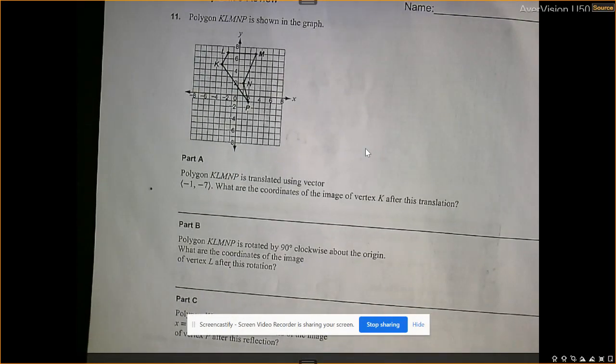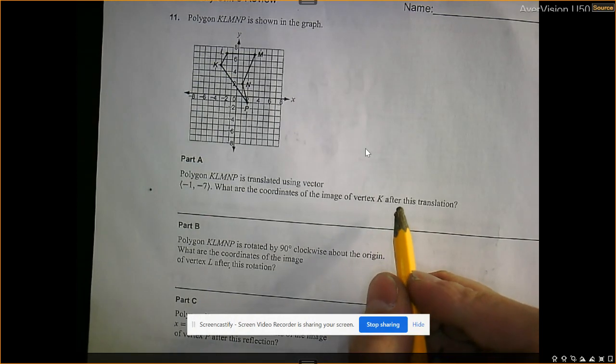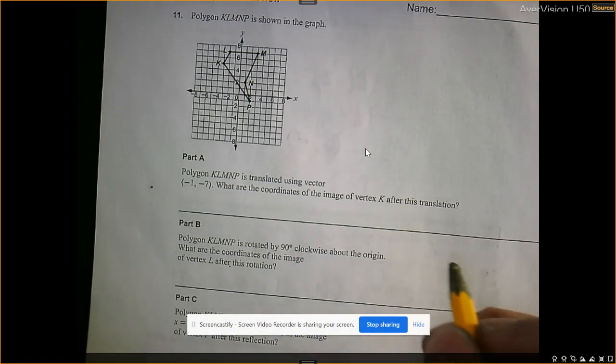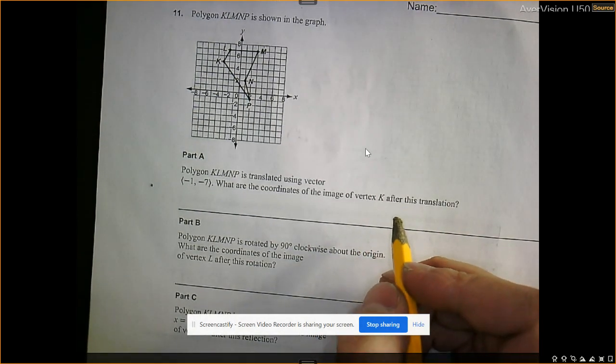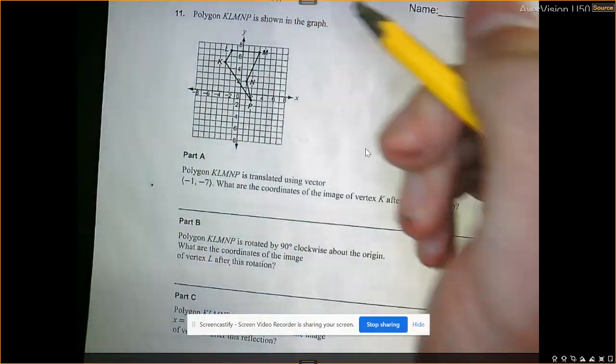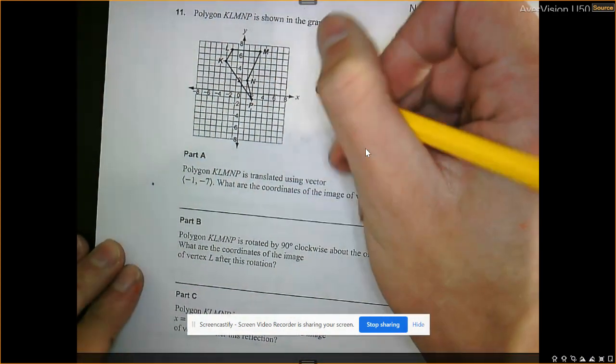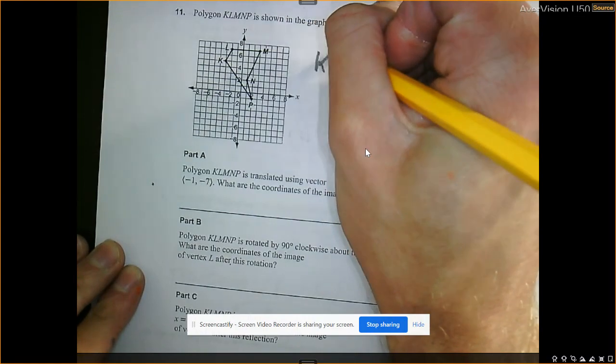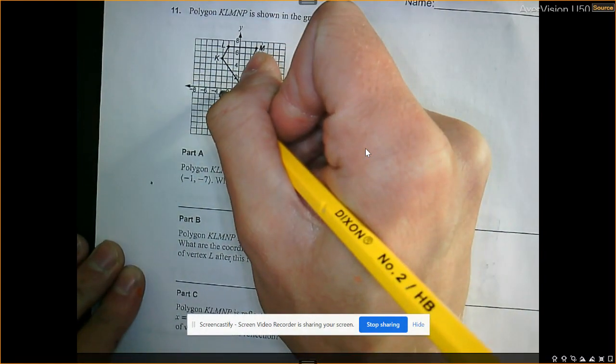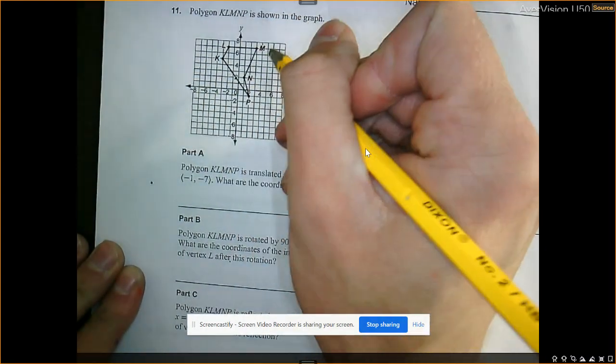And here we go. We have this polygon KLMNP, and it's being translated using the vector, and it's just asking for vertex K after this translation. So I need to know what K is currently at, and K is currently at (-3, 5).